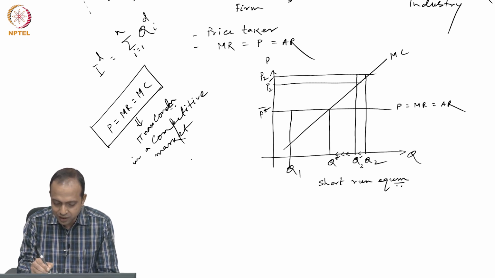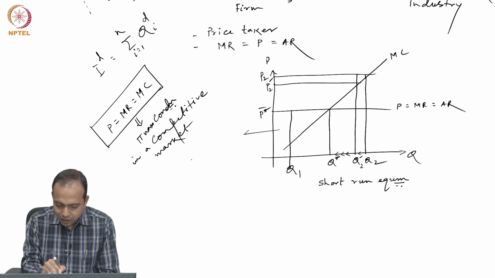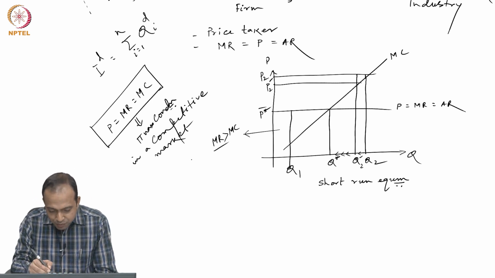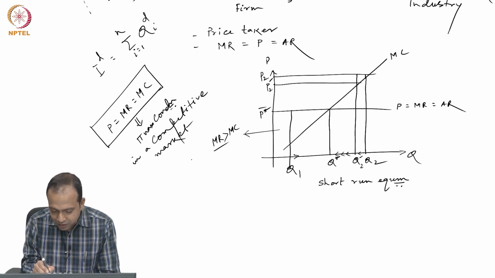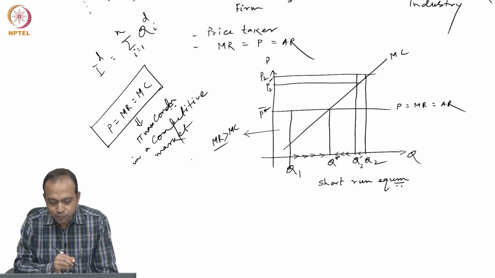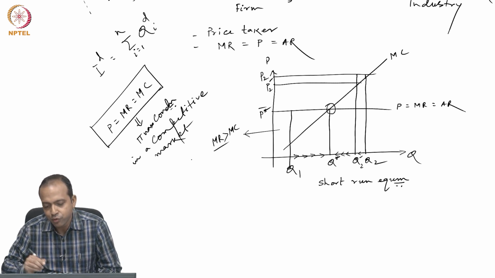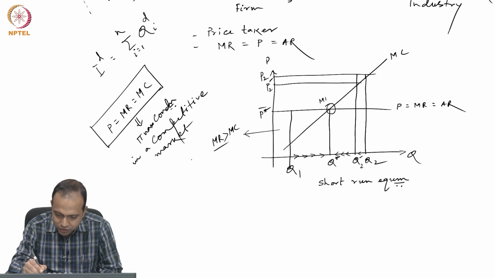What is happening here? Here MR is actually greater than MC. MR is much greater than MC. So, you should keep on increasing the output, and that is why this is the equilibrium where MR equals MC is achieved.